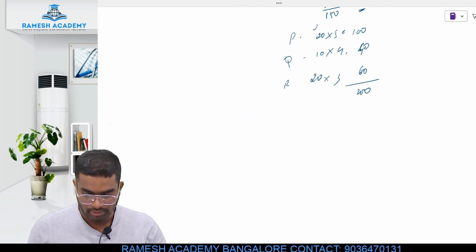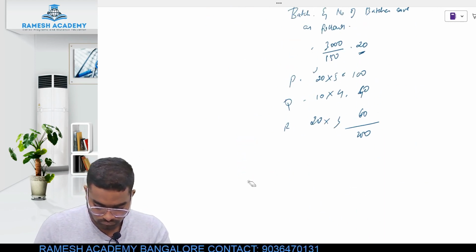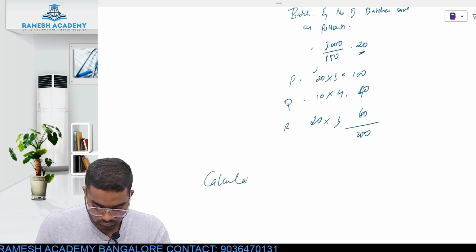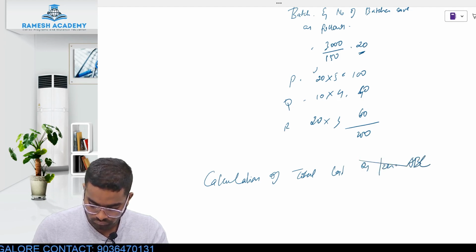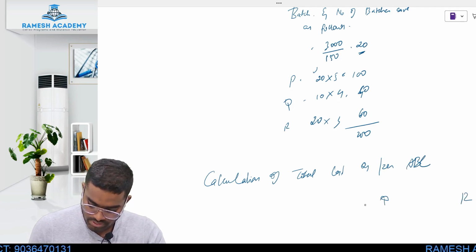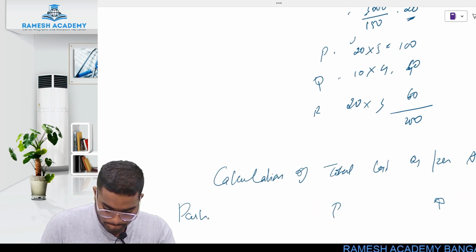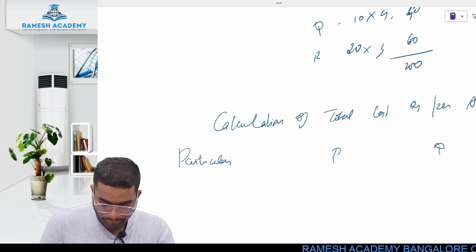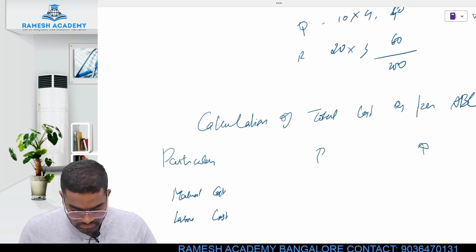I hope you have copied. Now we have three products, P, Q and R. Material and labor will be the same because they are direct costs and directly identifiable, so I'll just copy that.